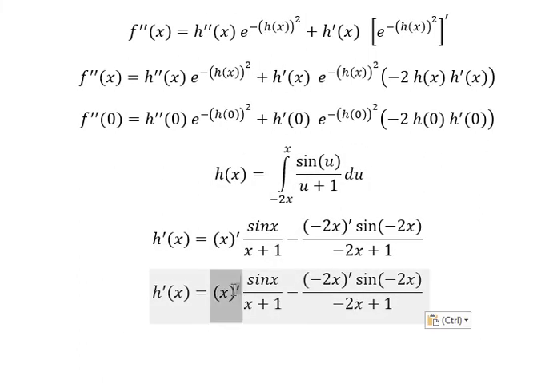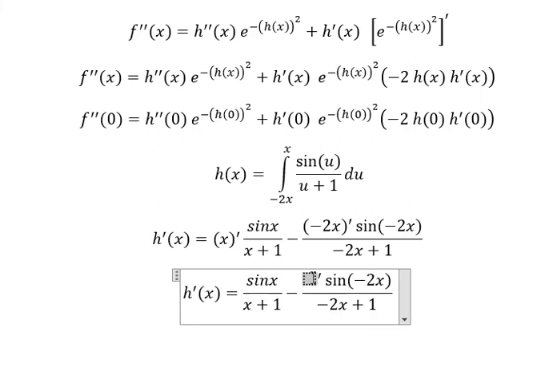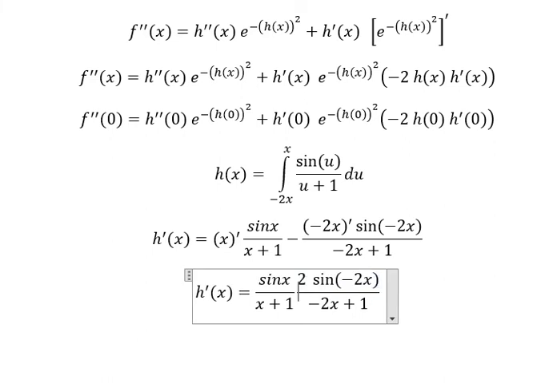So this one you get number 1. This one we have negative number 2. Negative, negative, we have positive.